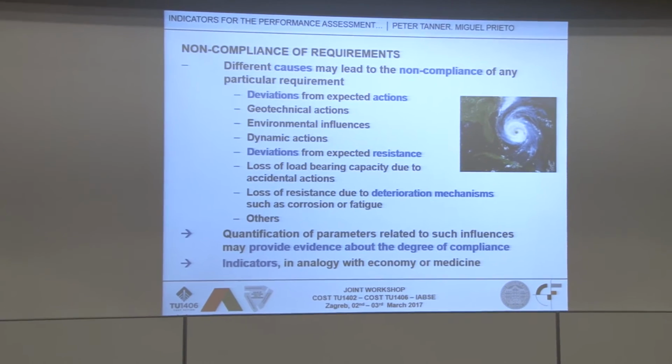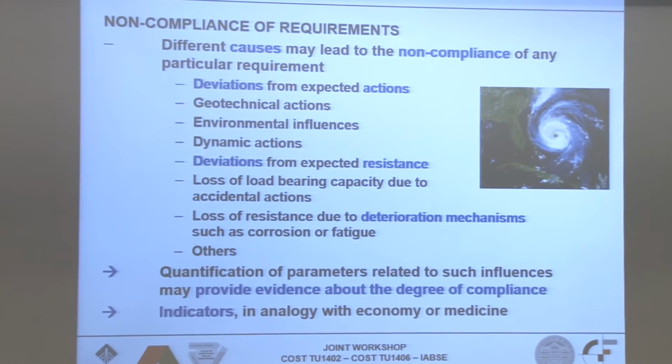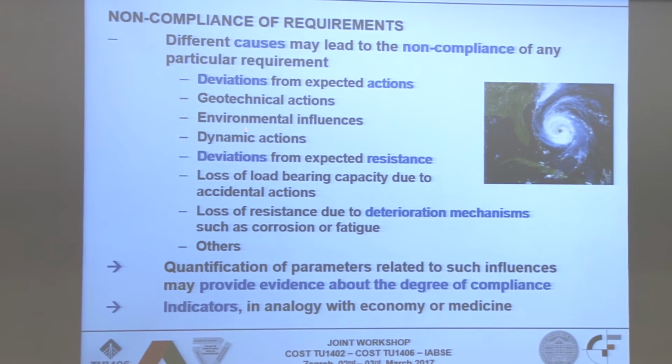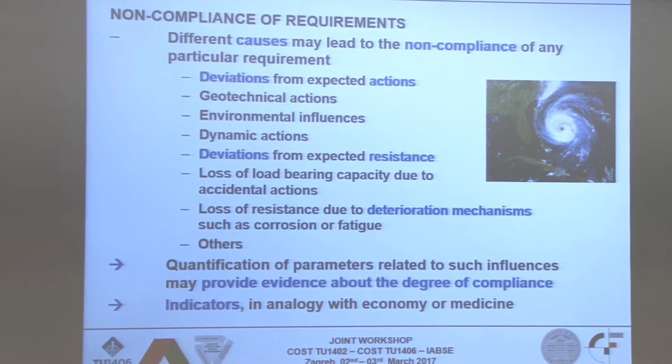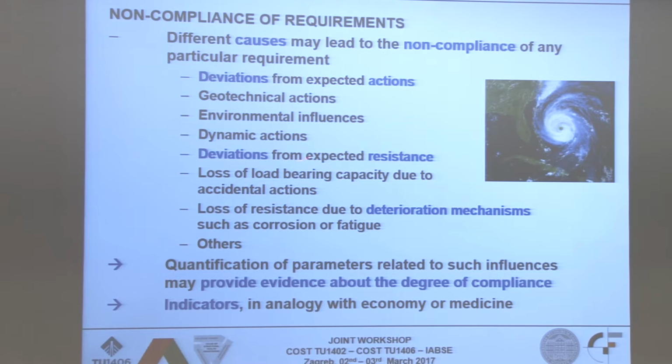Possible deviations from the expected actions and influences such as geotechnical, environmental influences, dynamic effects, and on the other hand, possible deviations from expected resistances due to loss of load-bearing capacity after accidental actions or loss of resistance due to deterioration, etc. Now, the quantification of parameters related with any of these actions or influences may provide some evidence about the degree of compliance of our structures with the requirements.